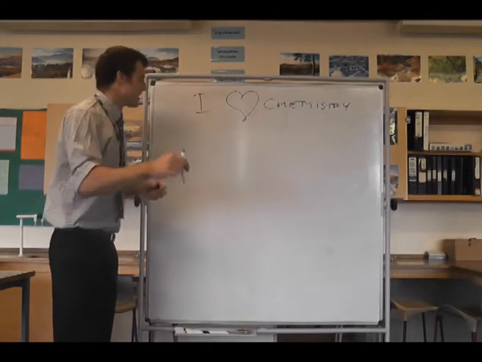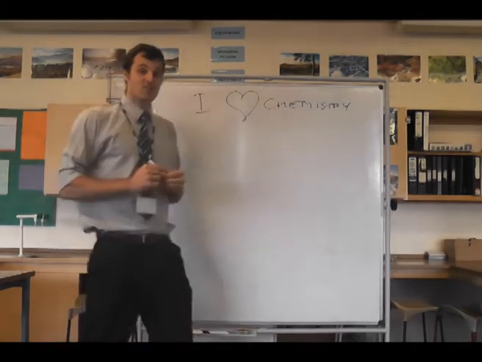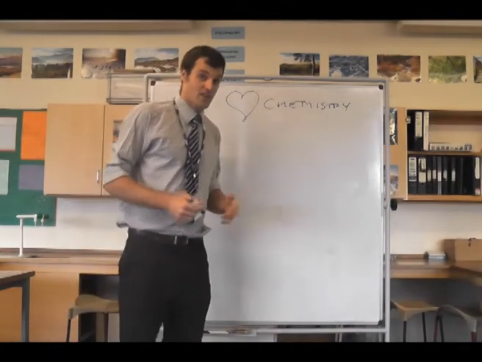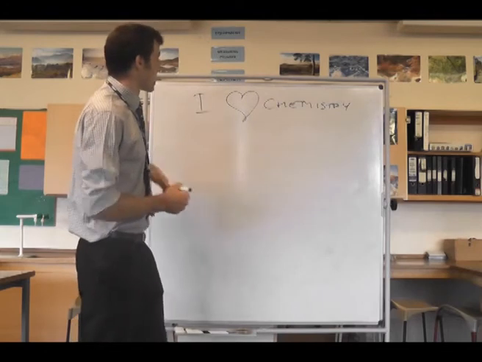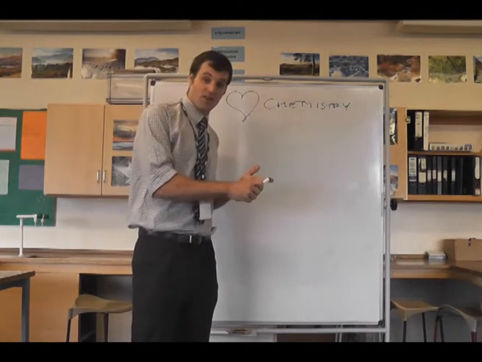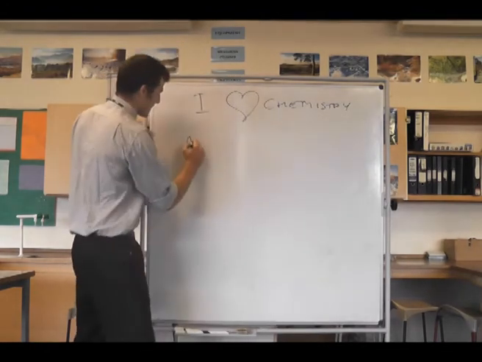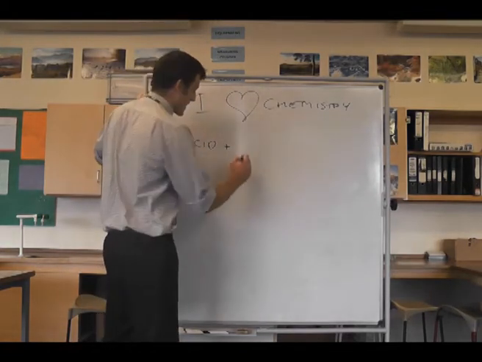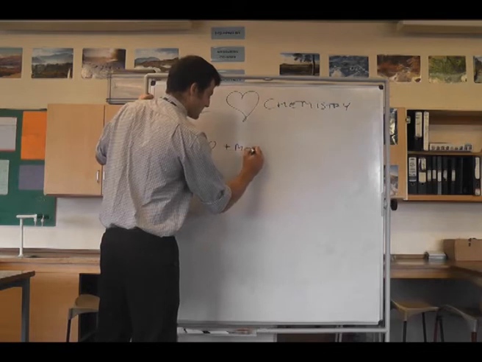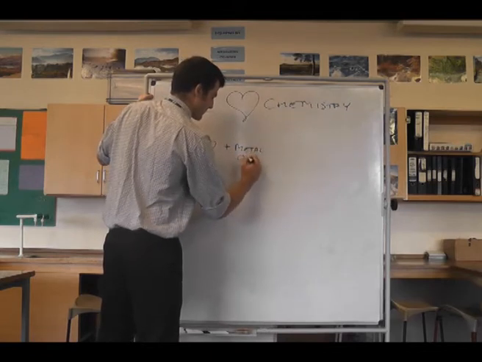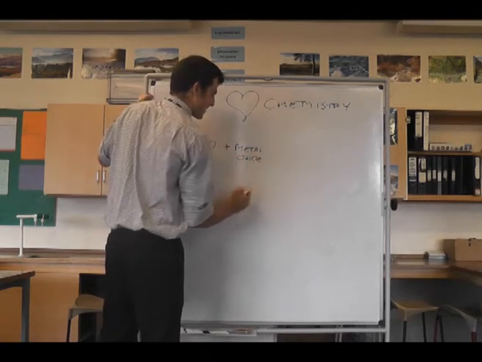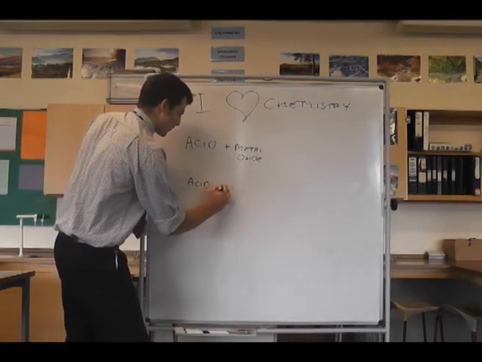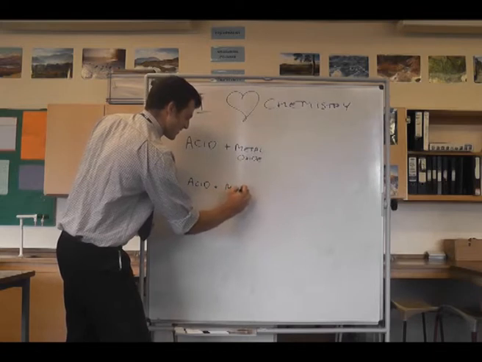Winchester. Today we're going to look at the reactions between acids and bases. A base is anything that reacts with an acid, and we're going to look at three different kinds of reactions. We're going to look at an acid reacting with a metal oxide, an acid reacting with a metal hydroxide.